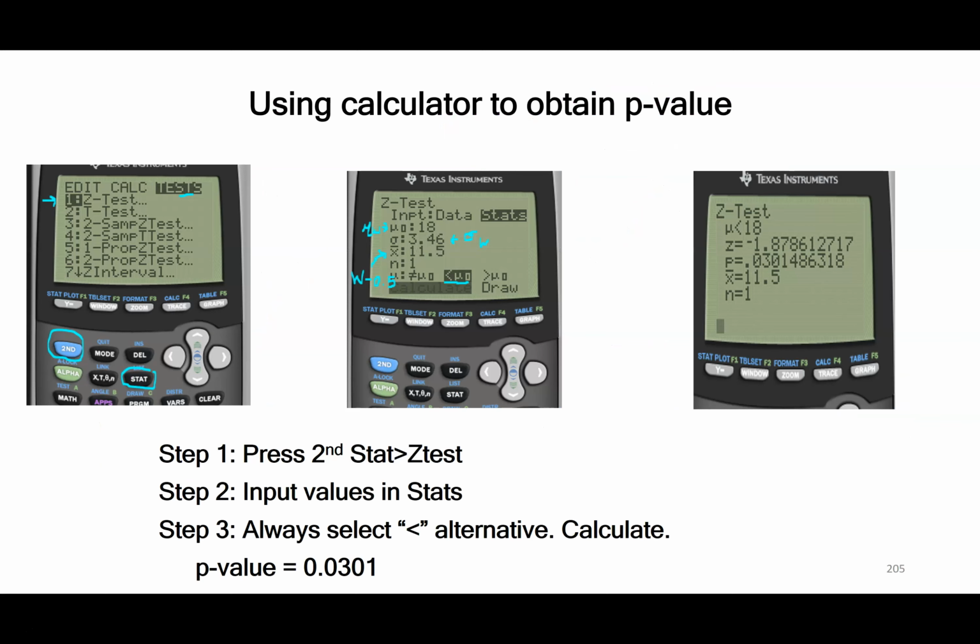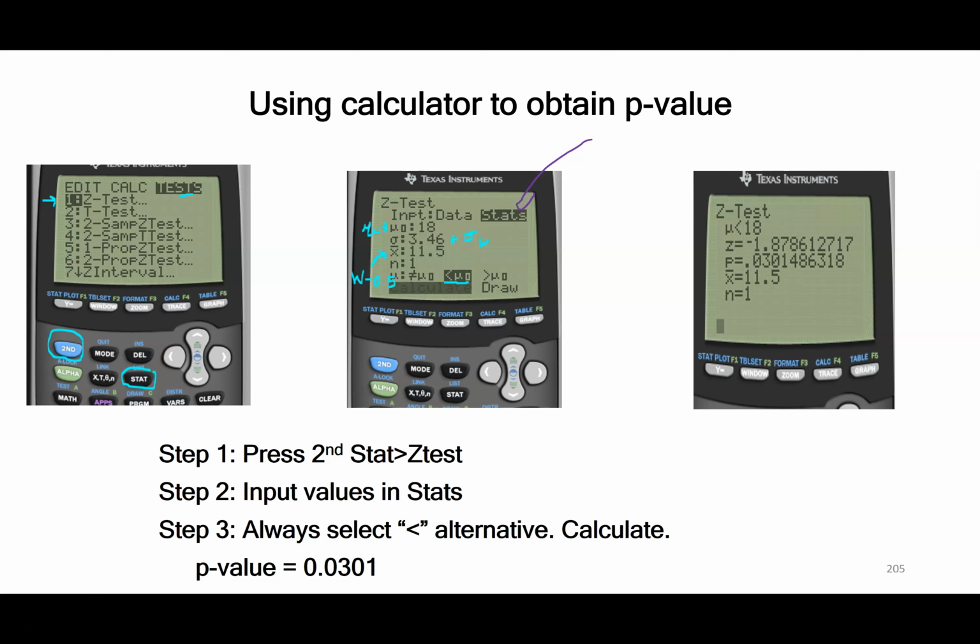If you want to use the calculator, you can go to stats and then go to z-test. You plug in stats there, so you tell it what you want for mu. That's that mu W. Sigma, that's sigma W. X bar should be that W minus 0.5, so 12 minus 0.5.